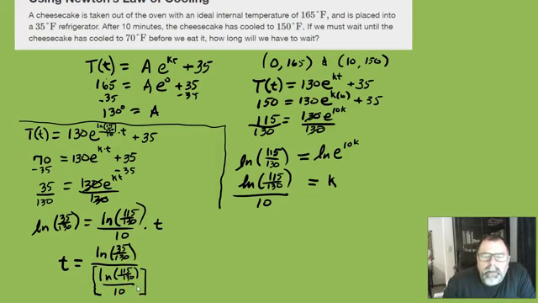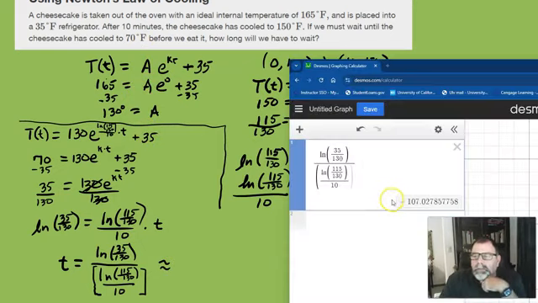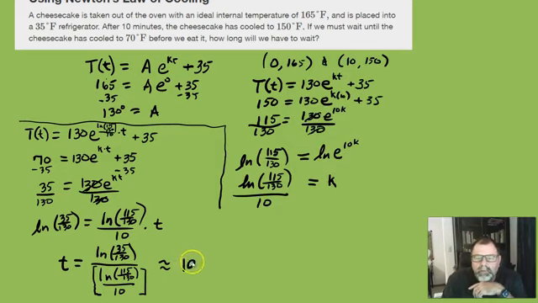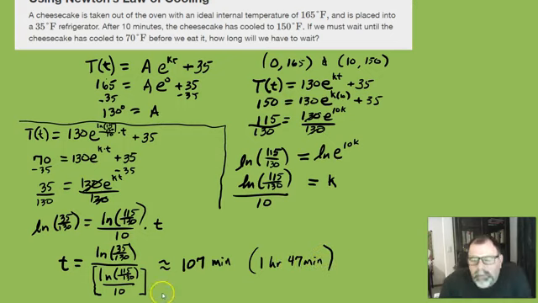And punch that in my calculator. We'll probably round it to the nearest minute or so. Okay, so you can see we get 107 minutes or so, which is what, 1 hour, 47 minutes? Okay, so not too bad. Less than 2 hours, you'll be having some cheesecake.